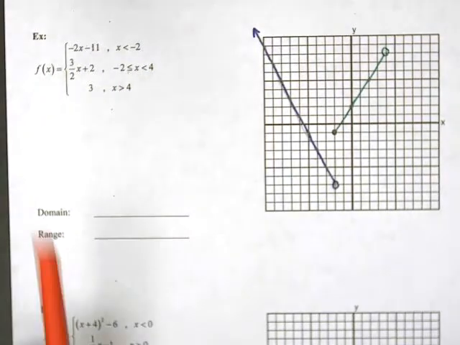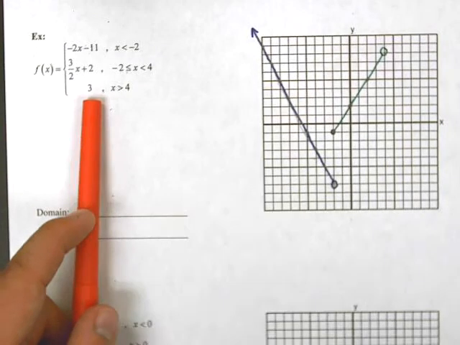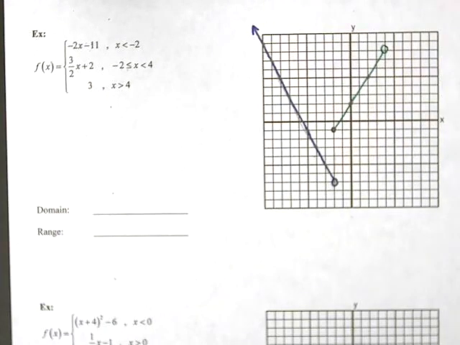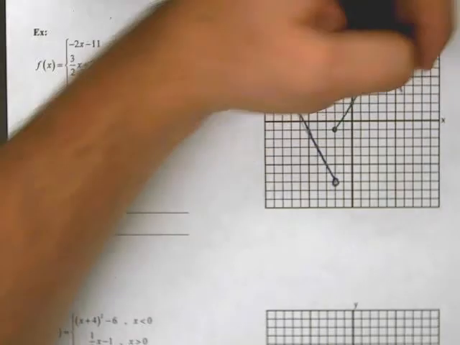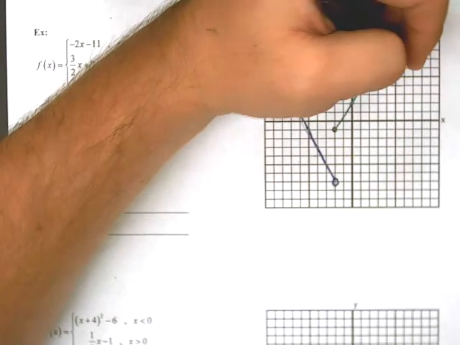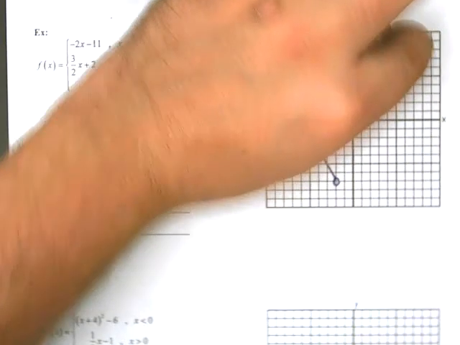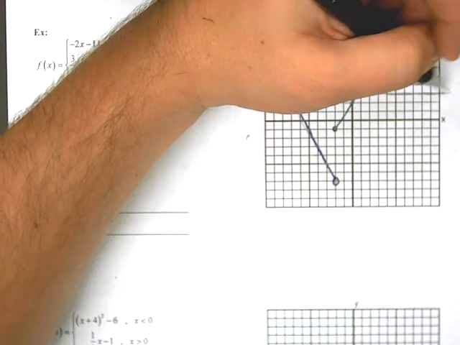Now we know that when x is greater than 4, the y value will be 3, or we'll have a horizontal line. So, horizontal line at 3, from 4, will be something like this.